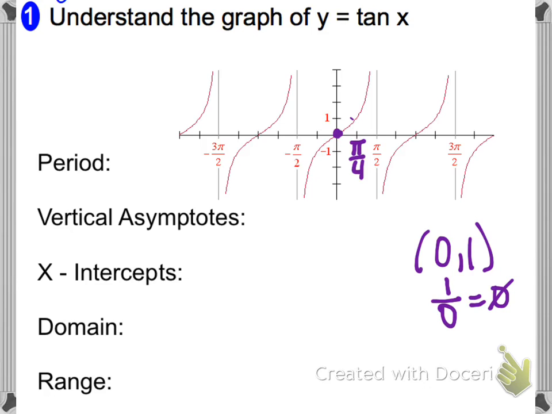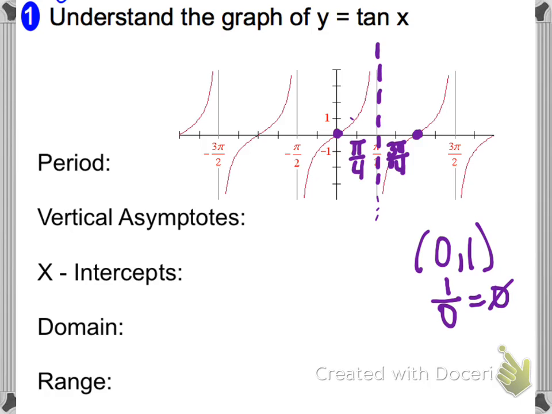Now because the tangent of pi over 2 is undefined, we end up with this vertical asymptote here at pi over 2. As we repeat around the unit circle, when we get to 3 pi over 4, we're down at negative 1. And when we get to pi, we're back to 0, the same pattern.